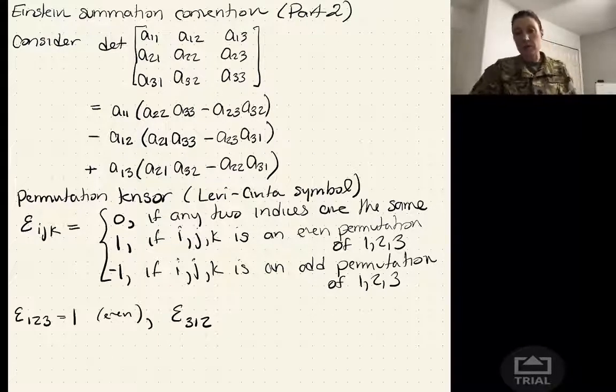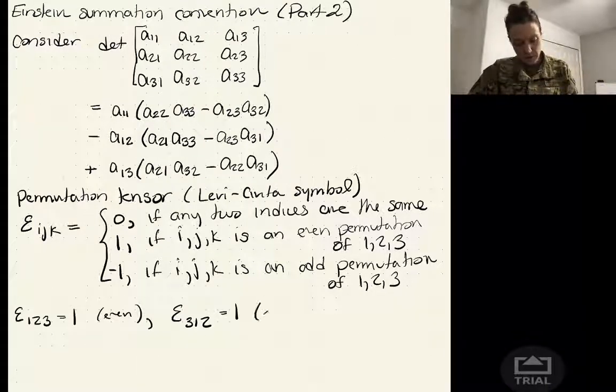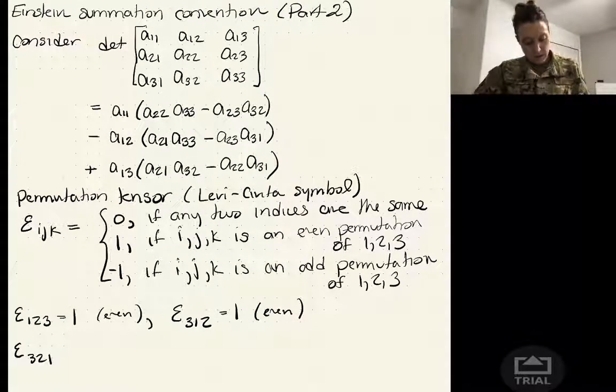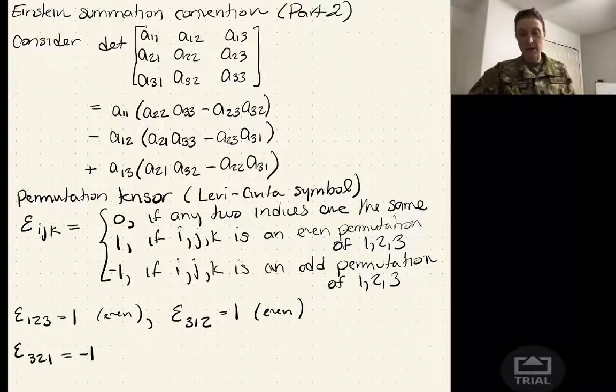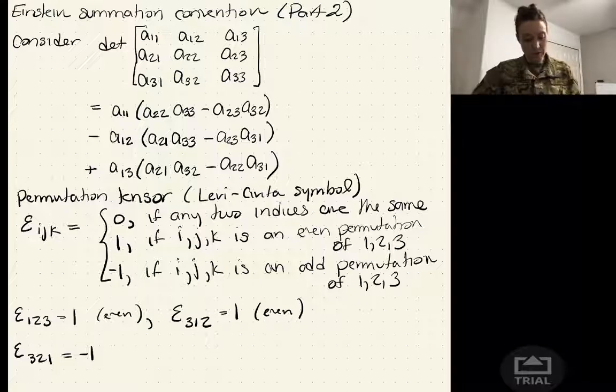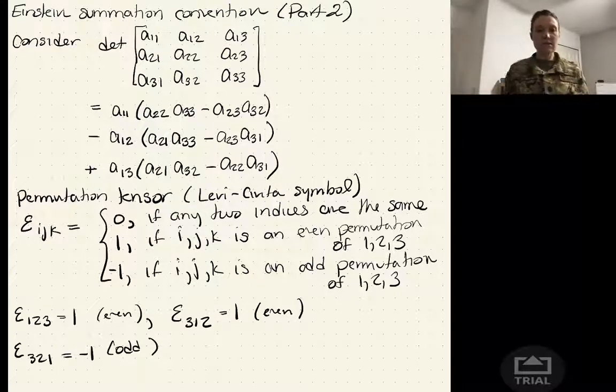So 3, 1, 2 is an even permutation, and this is equal to 1. You read left to right. Epsilon 3, 2, 1 is odd. If you read the numbers in numerical order, 1, 2, 3, now you're reading right to left, and that's backwards, and so it's odd. Hopefully this makes sense.